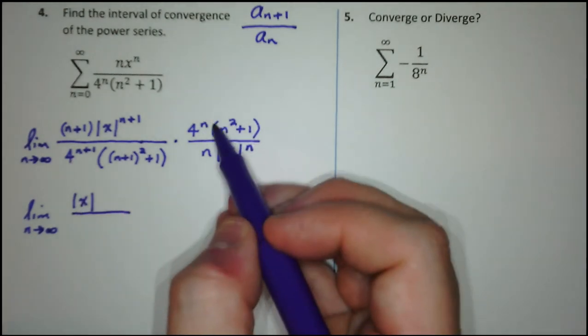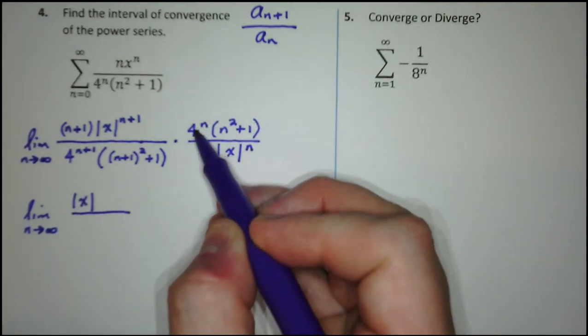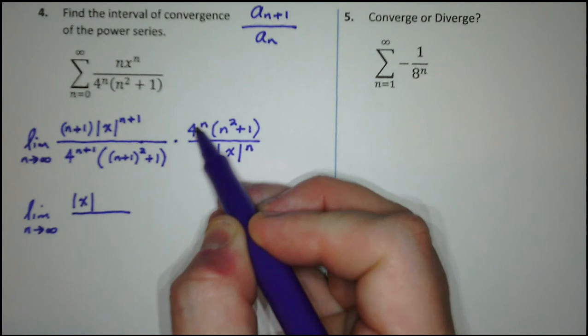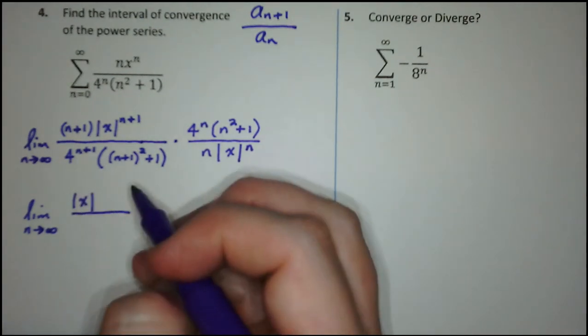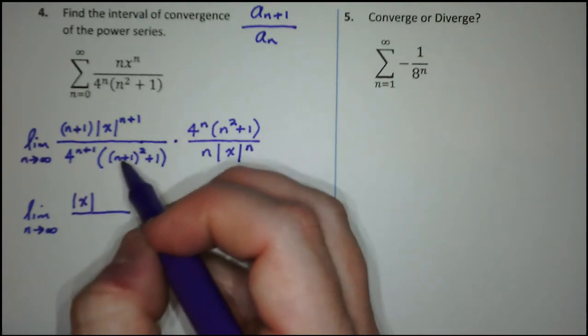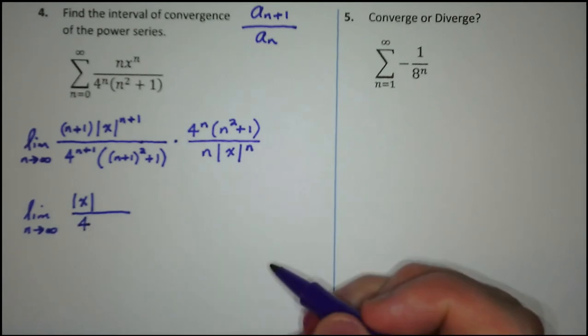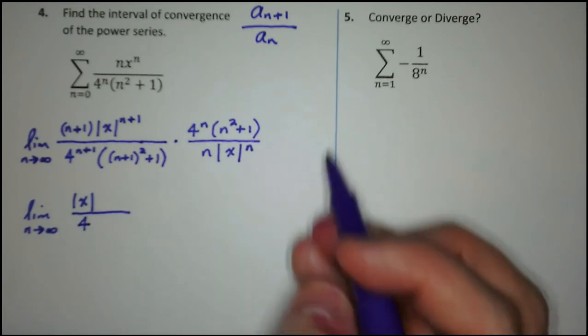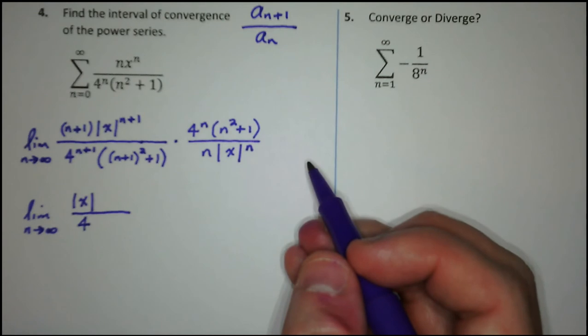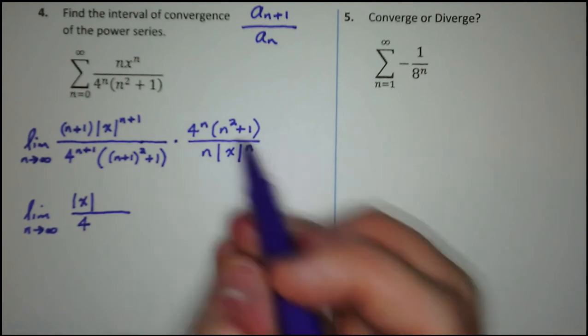The other thing that cancels is 4 to the n with 4 to the n plus 1, to just pretty much say 4, right? Nothing else cancels right now.